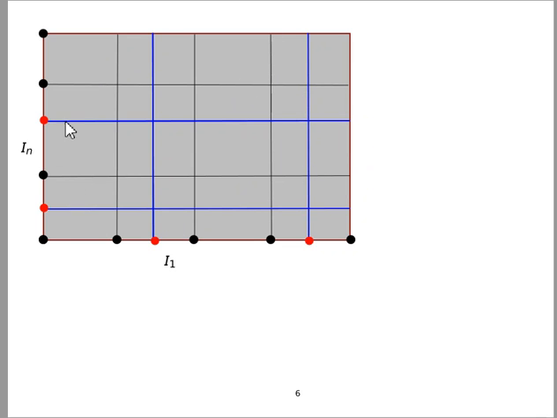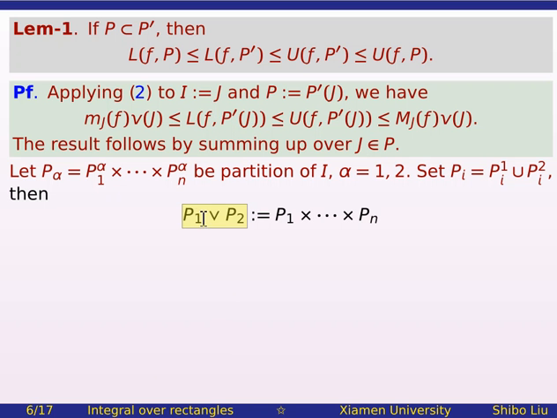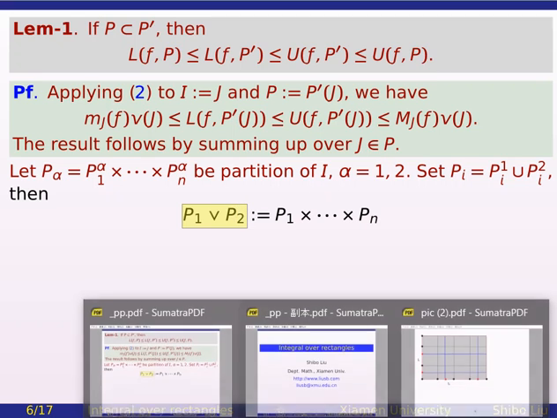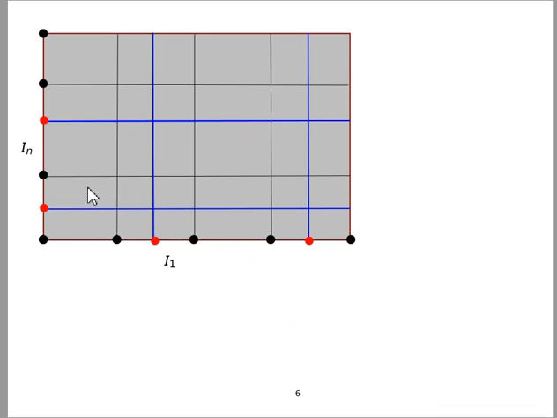All these 30 sub-rectangles are the rectangles determined by this partition of the rectangle I. For our P1, how many rectangles? P1 has 12 rectangles. We counted before. And for P2, the rectangles with blue edges: 1, 2, 3, 4, 5, 6, 7, 8, 9.